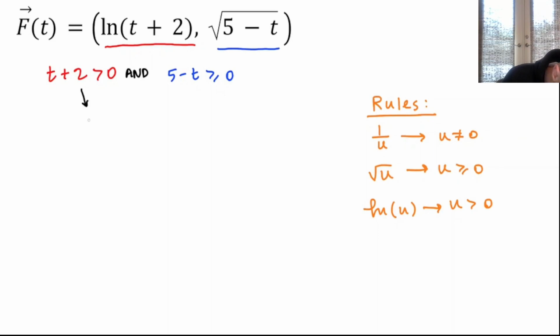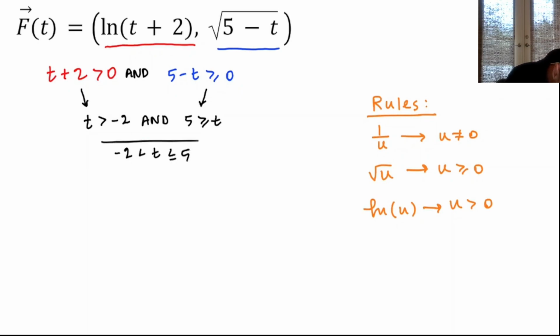That gives me that t is greater than negative 2, and also that 5 is greater than or equal to t. So t is greater than negative 2 and less than or equal to 5. That is, negative 2 is less than t, which is less than or equal to 5. That's going to be the domain of f.